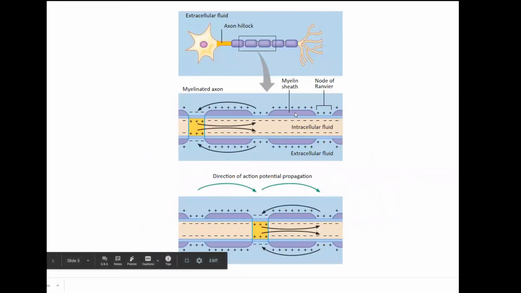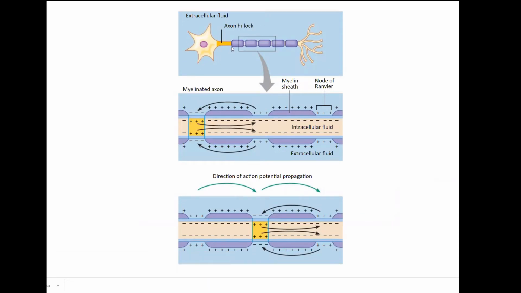Okay. And you have a similar image that you can look through for a myelinated axon versus an unmyelinated one. Here we can see that in our myelinated axon, whenever we see the yellow, that's telling you that's where the action potential is in these diagrams. In this yellow, you can see the positives inside, indicating that portion of the neuron is depolarized at that moment in time.